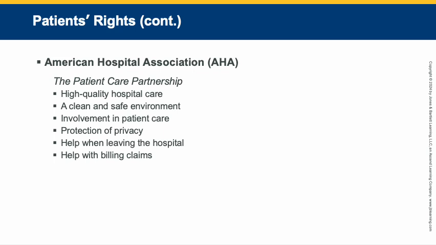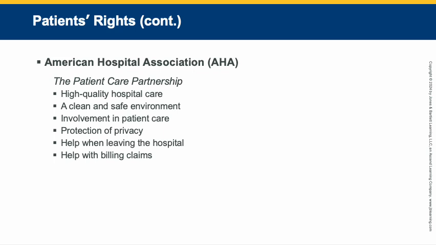So the AHA, the American Hospital Association, disseminates a statement of patient rights and responsibilities. They have a brochure or pamphlet that needs to be provided if a patient is inpatient. This brochure is called the Patient Care Partnership. It helps patients understand what they should expect during their hospital stay regarding their rights and responsibilities.